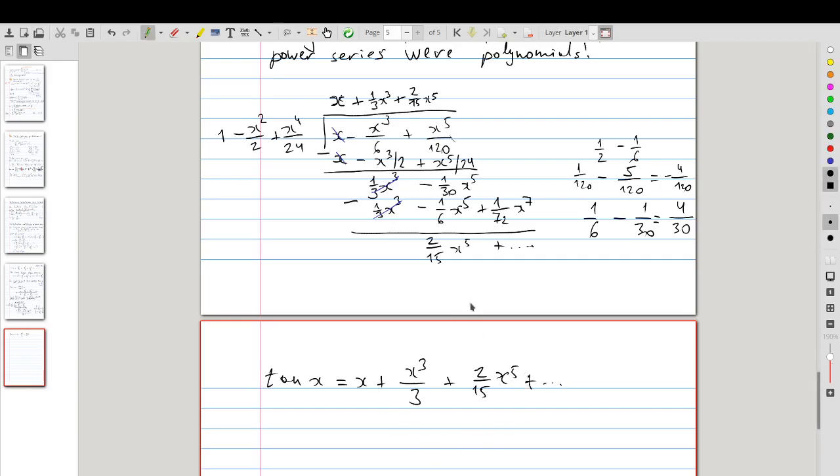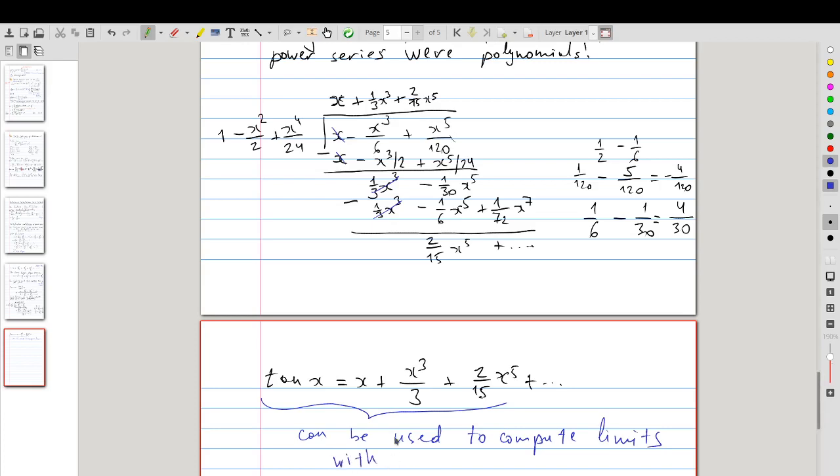This is the beginning of the Maclaurin expansion of tangent x, and this is something you can use to compute limits. So even this short piece of the Maclaurin expansion gives you the ability to compute, say, limits that involve tangent x.